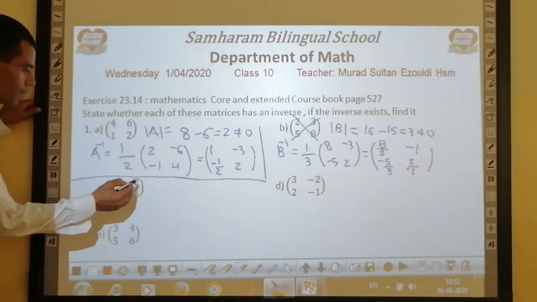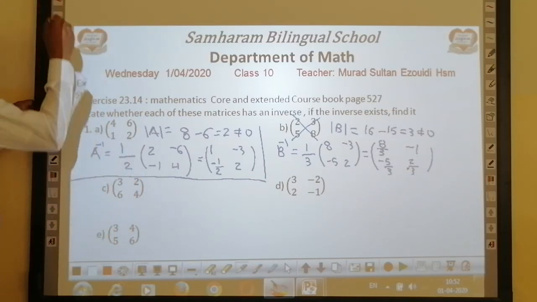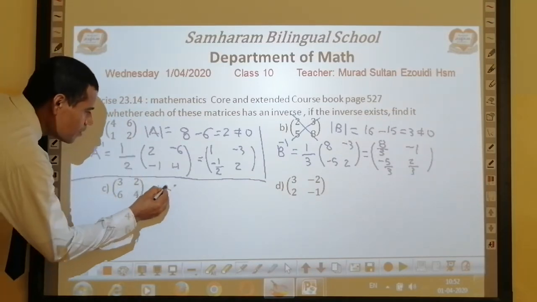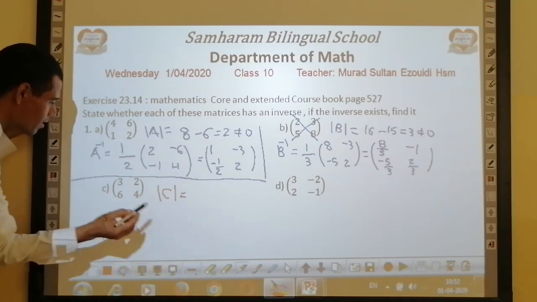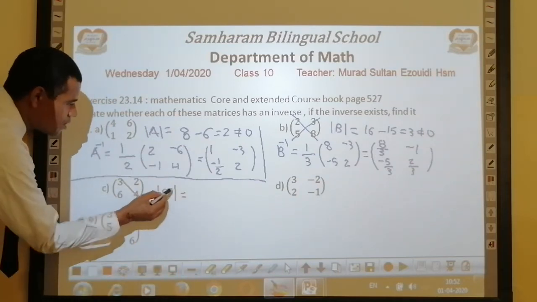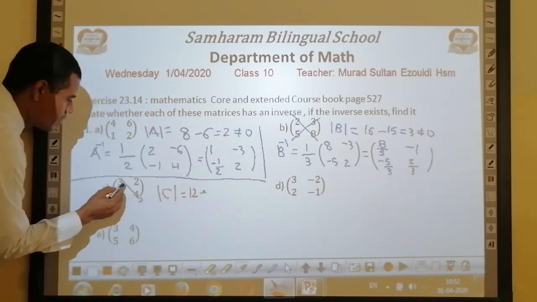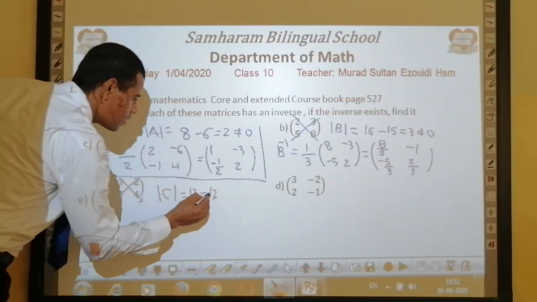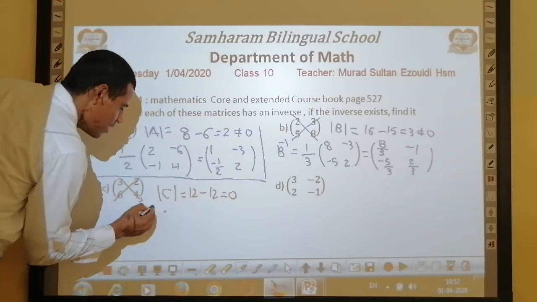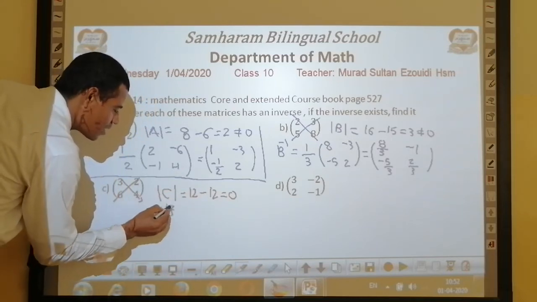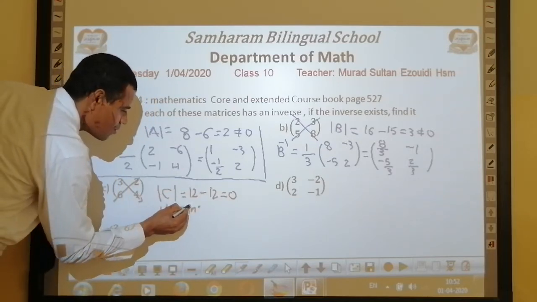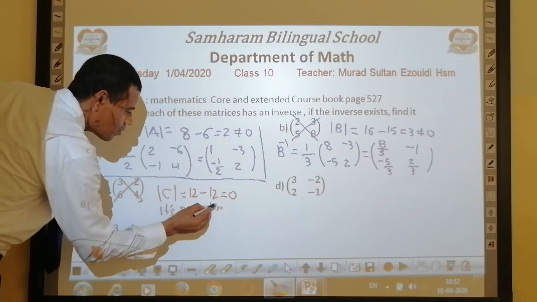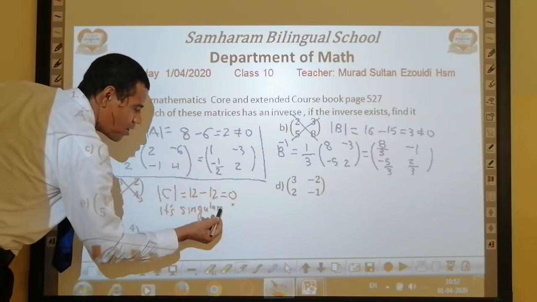The second one, I will label as C. The matrix determinant is what? It is 3 by 4 is 12, minus 2 by 6 is 12, equals 0. So it is singular. Singular means the inverse does not exist.